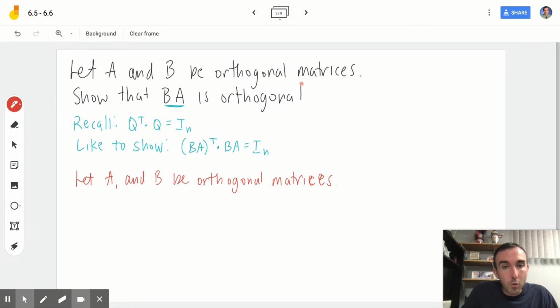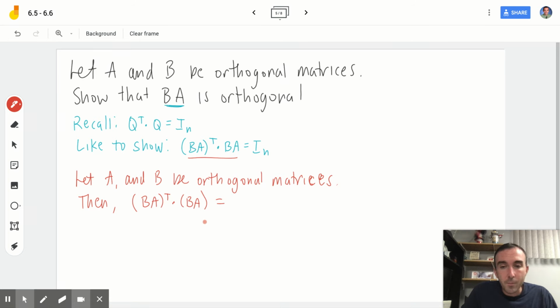We're going to assume we have orthogonal matrices, and now we're going to use our setup here. We would like to massage out this (BA) transpose times BA. We don't know that it's equal to the identity yet, but this is what we want to tease out. We want to use matrix properties that we know about so that we can show that this indeed is equal to the identity.